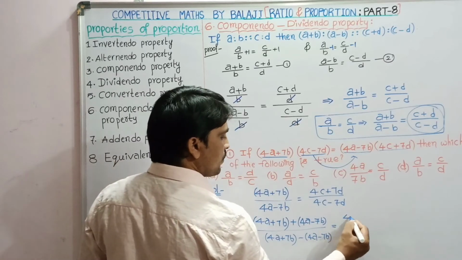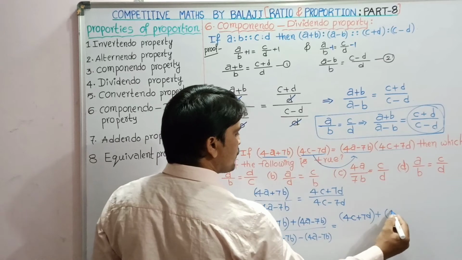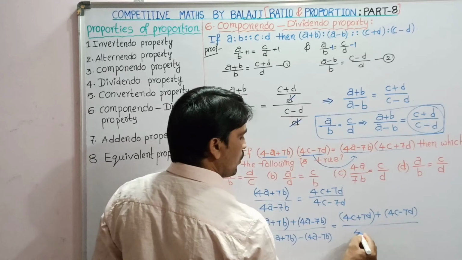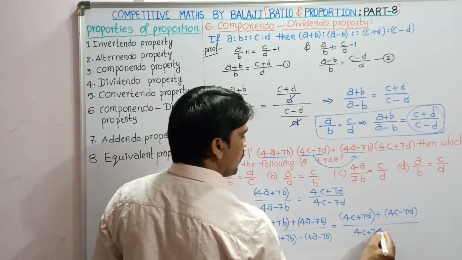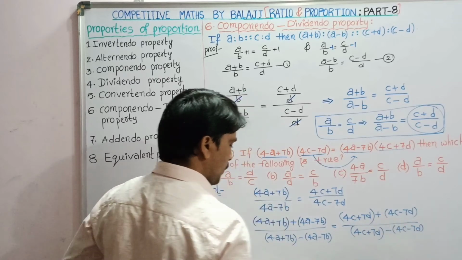So perform the same activity on RHS also: 4c plus 7d plus 4c minus 7d by 4c plus 7d minus 4c minus 7d.